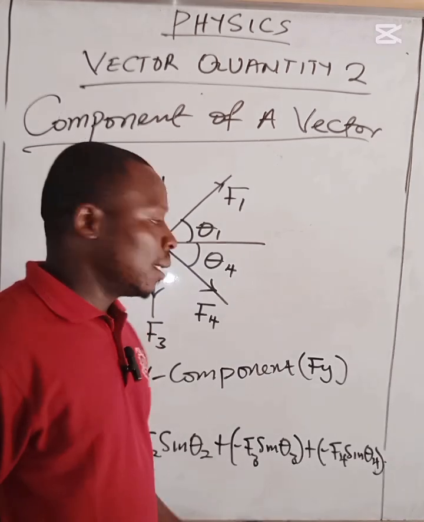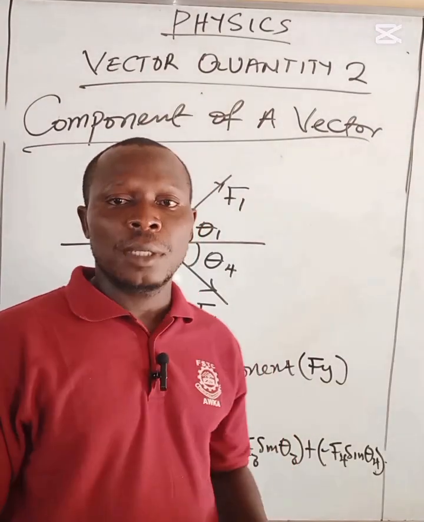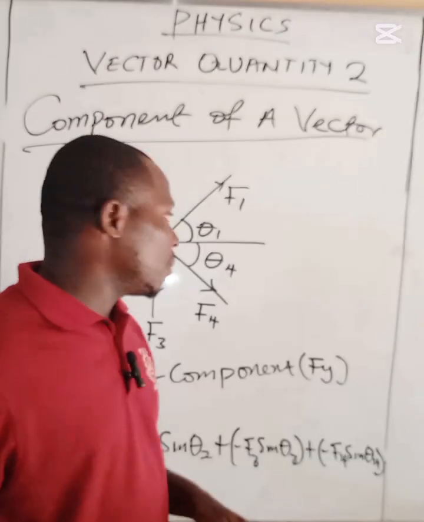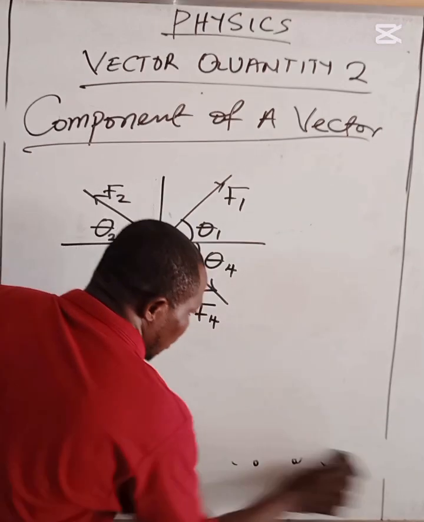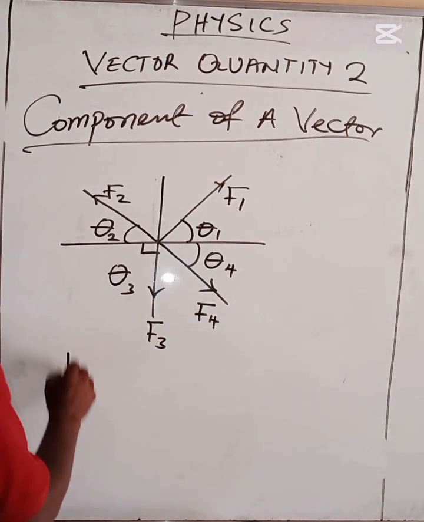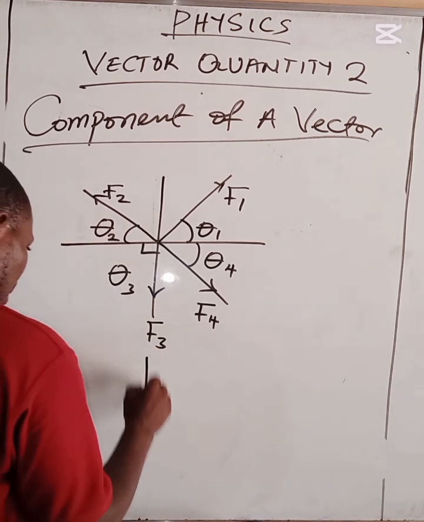All right? So that is one way to do it. Another way is to use the tabular method to solve your problem, and that is very simple. In the tabular method, I'm just going to do it briefly also. Let me draw the table.